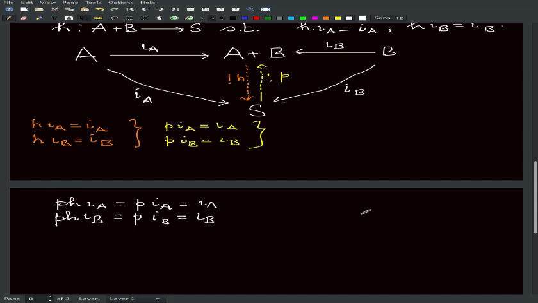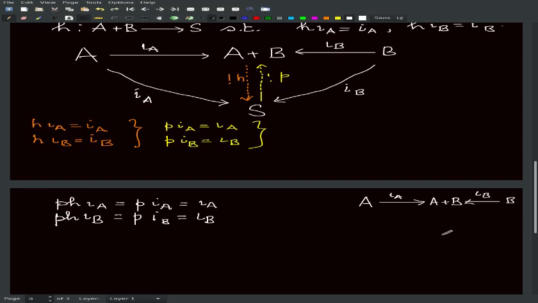Now observe, we have this scenario. You told me that if you have anything and two maps, there is a unique map.